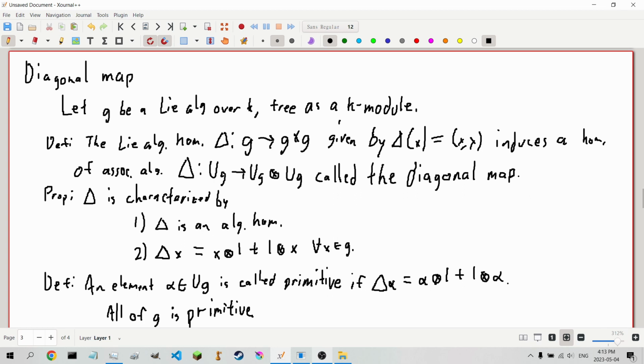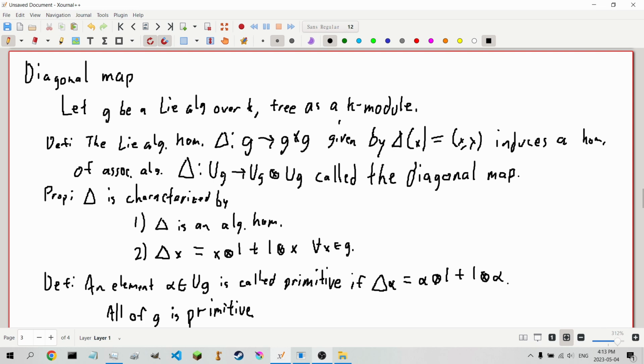And secondly, that the image of the element X in the universal algebra under this map is X tensor 1 plus 1 tensor X for all X in our original group.